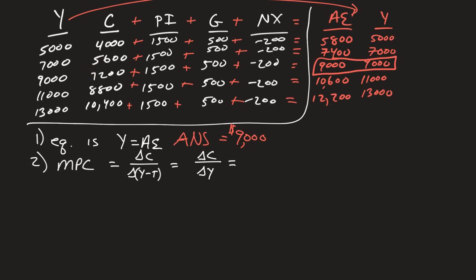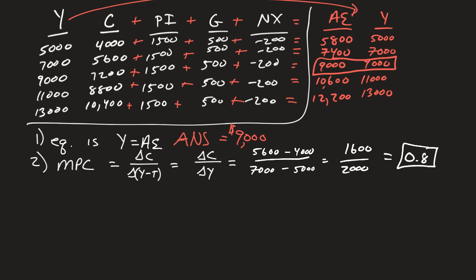Let's go ahead and write that out just so we're comfortable with it. We can see that consumption changed between 5,600 minus 4,000, whereas those same 2 points, income was the difference between 7,000 and 5,000. So in this case, it's 1,600 divided by 2,000. Plug in my calculator, I'm going to get 0.8. And so my MPC in this case is 0.8.